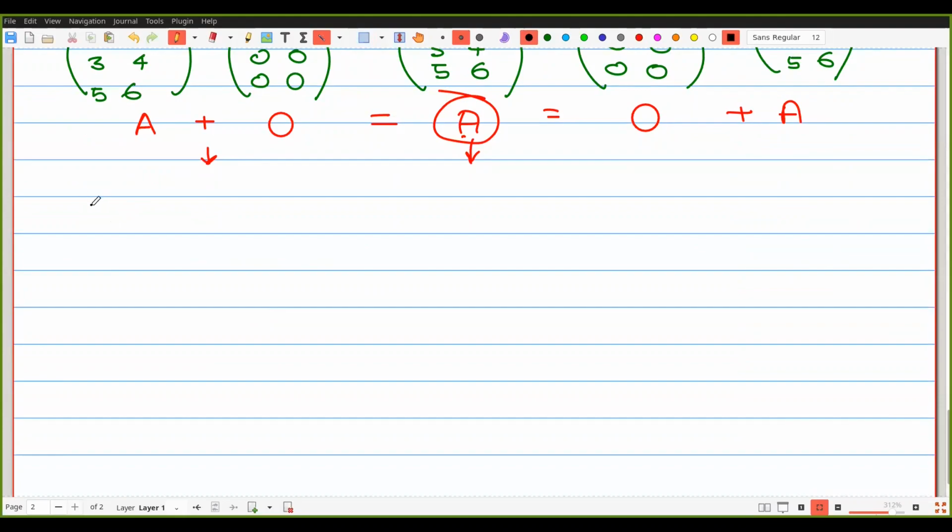Next term is once again another one. Existence of additive inverse. Before we proceed to the additive inverse, it's better we proceed with another property of matrix.